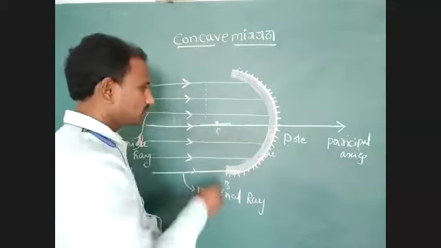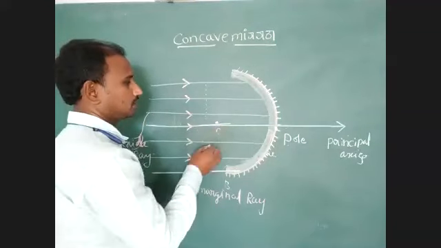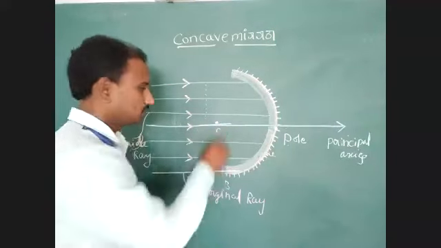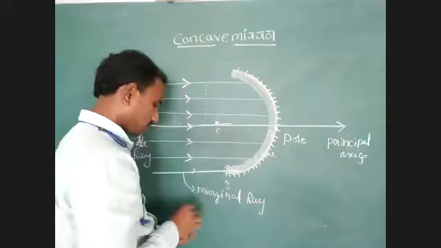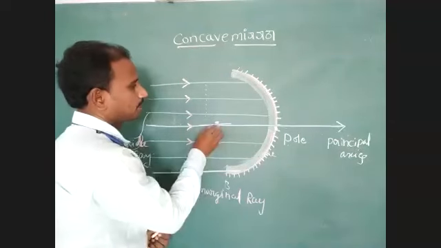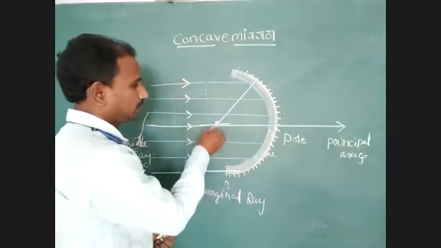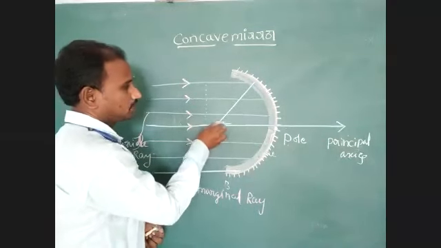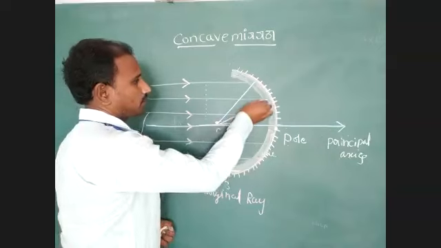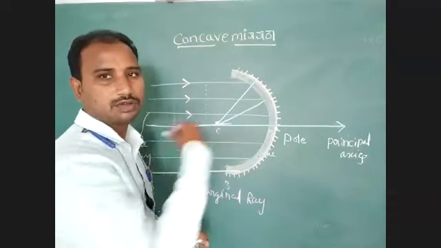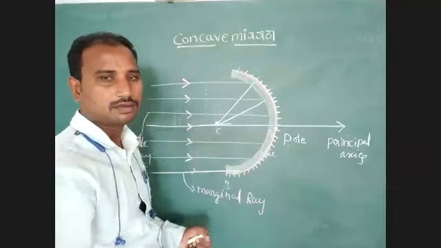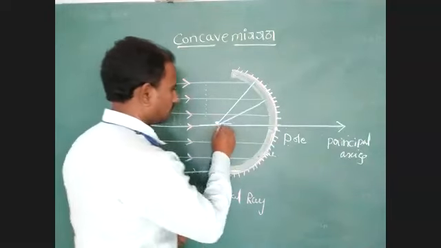The normal is always perpendicular to the curved surface. Draw that normal from the point of incidence on the concave mirror.